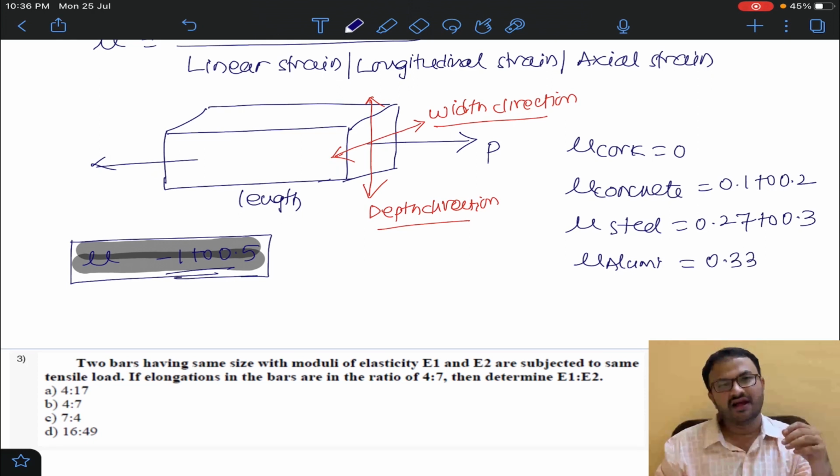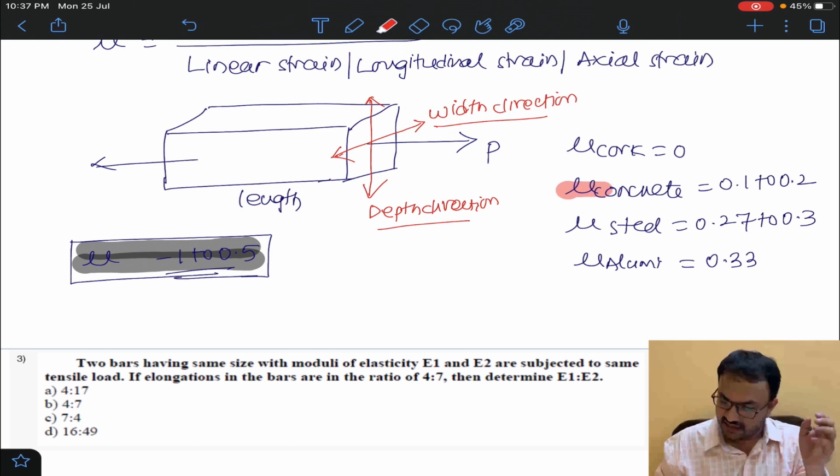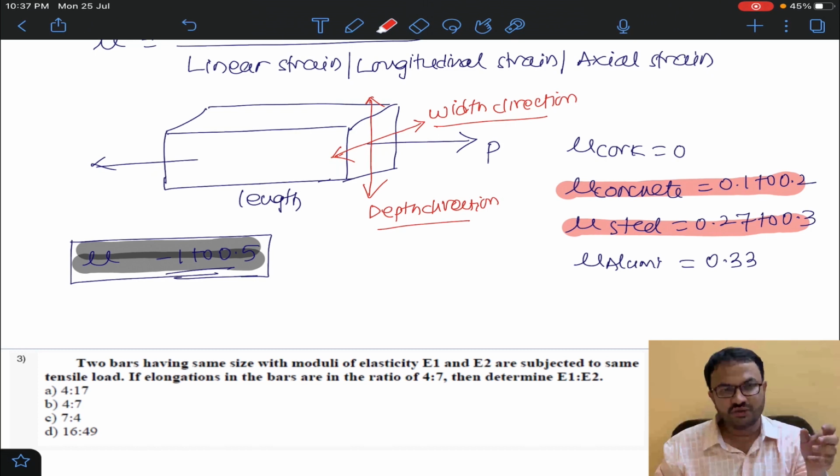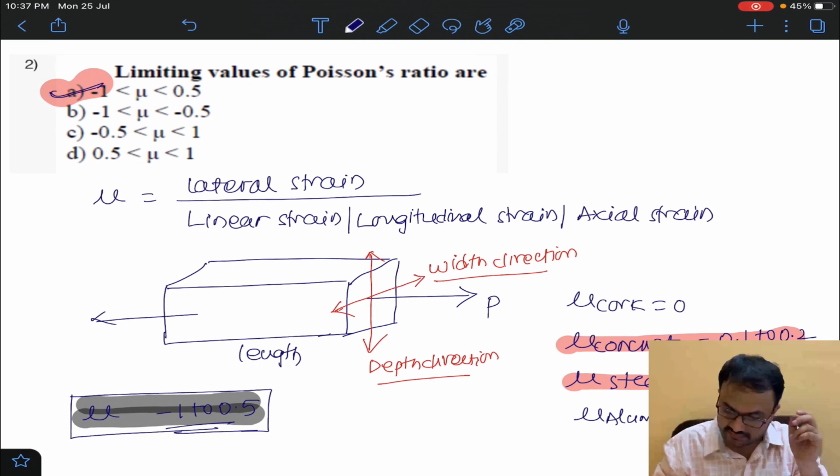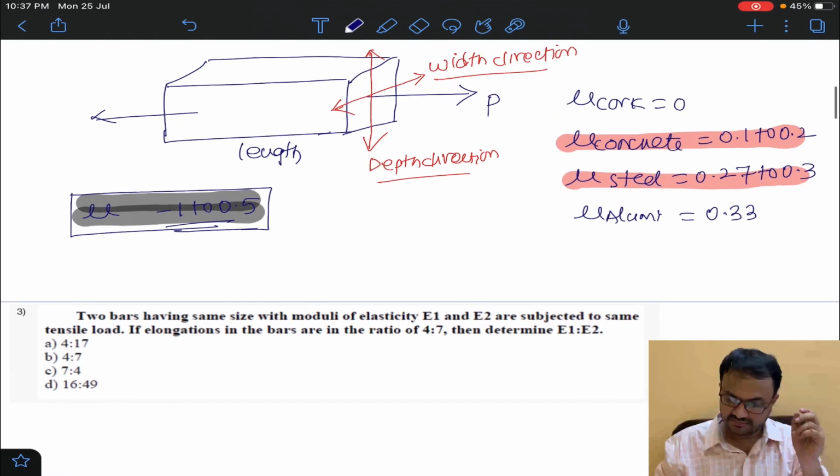So generally in entire civil engineering, the most common materials that we use are concrete and steel. Concrete has Poisson's ratio 0.1 to 0.2, that is less than steel. For steel, Poisson's ratio is 0.27 to 0.3. You need to remember these two values especially. Okay, so for the given question, the answer is -1 to 0.5. The answer is A.